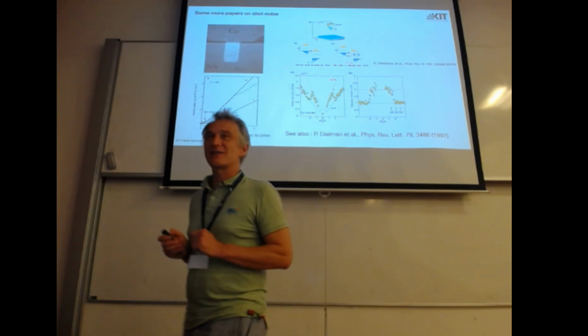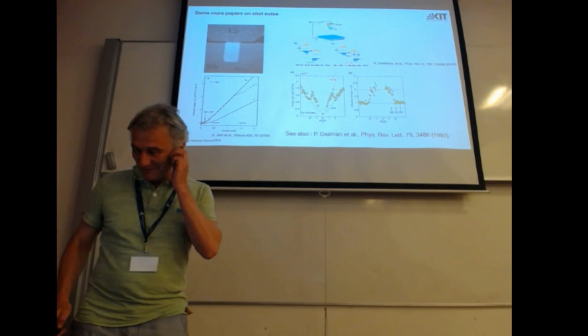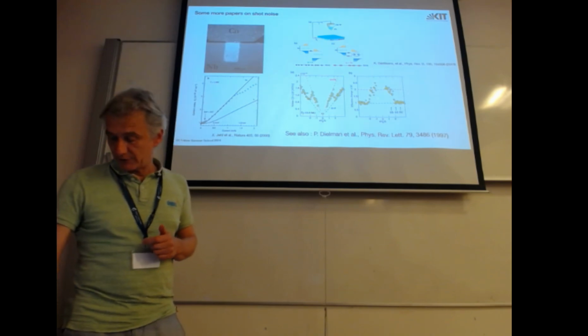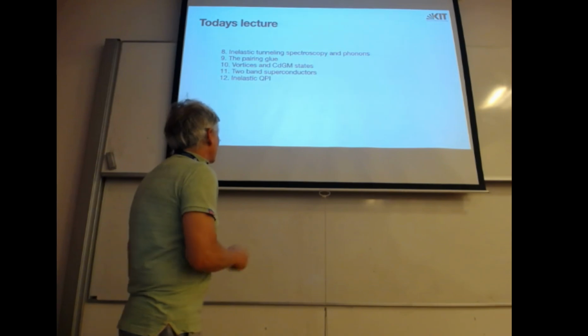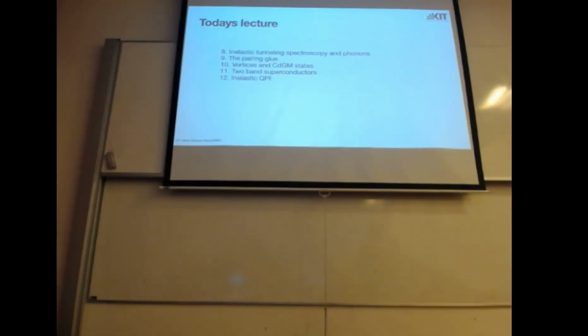And okay, you can discuss that with the authors. I'm not the author of the paper, but still I think there is potential to look at unconventional superconductors with this noise spectroscopy.